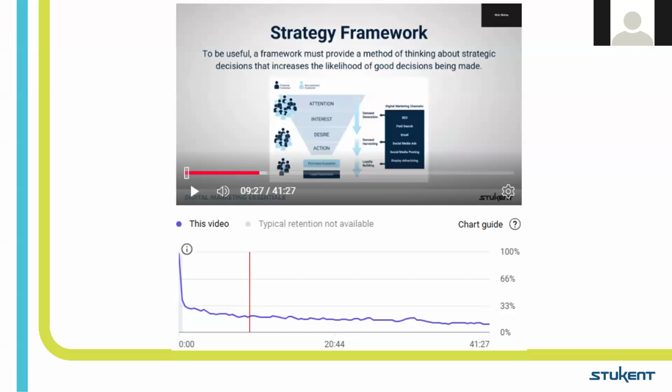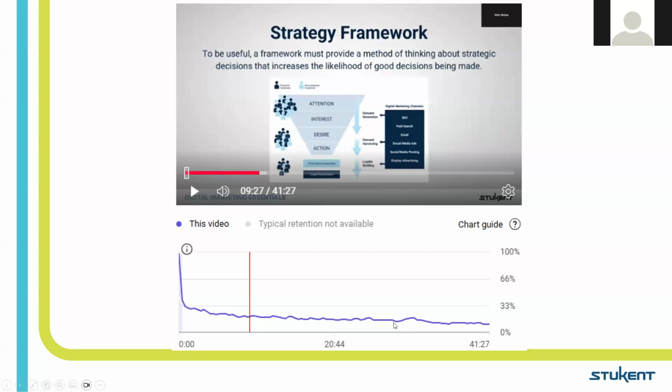But when we look at a retention chart like this, you can see where it drops quickly and also where it picks up. If you look a little bit further down, about halfway between the 20:44 and 41 and a half, you'll see a little uptick here.